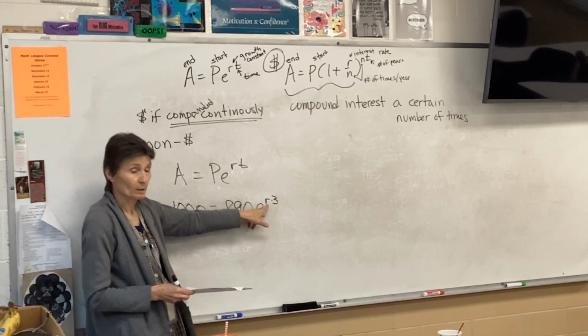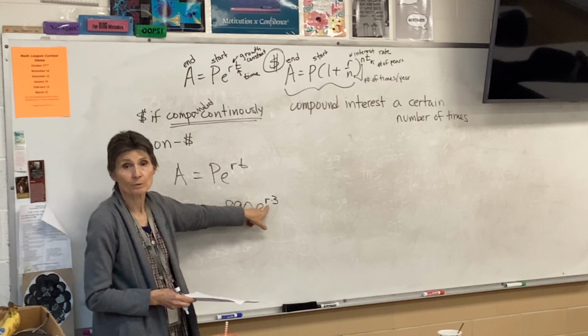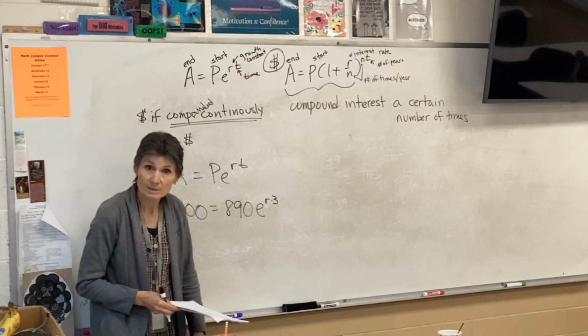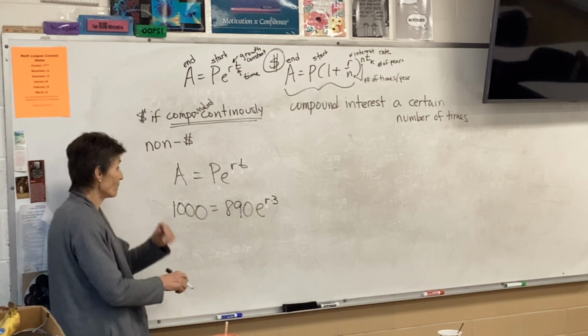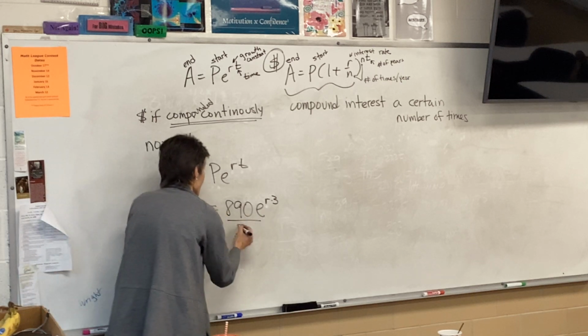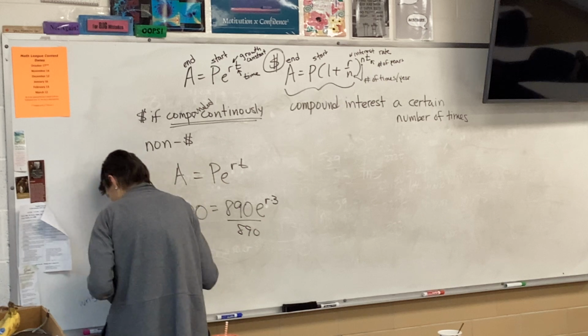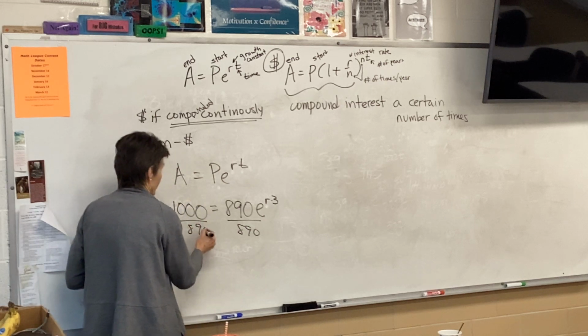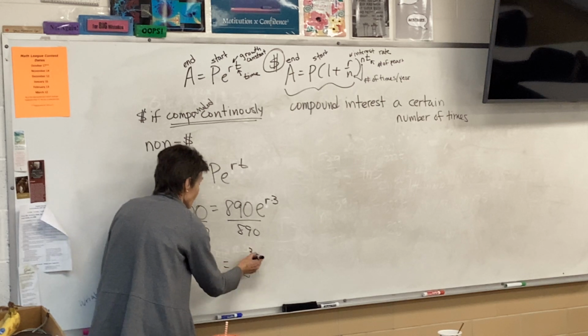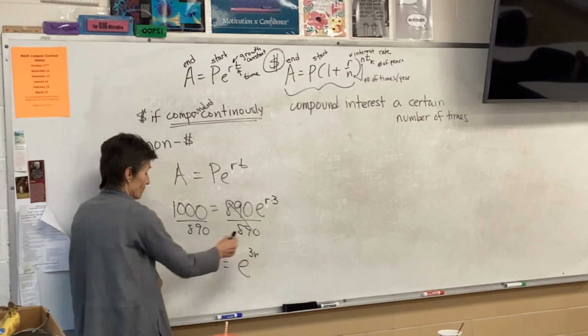Look where that variable is. Yep, it's right up there where I don't really want it, but that's where it is. So I'm going to need to use logarithms. But what am I going to do first? I'm going to divide by 890. So I have e to the 3r over here.